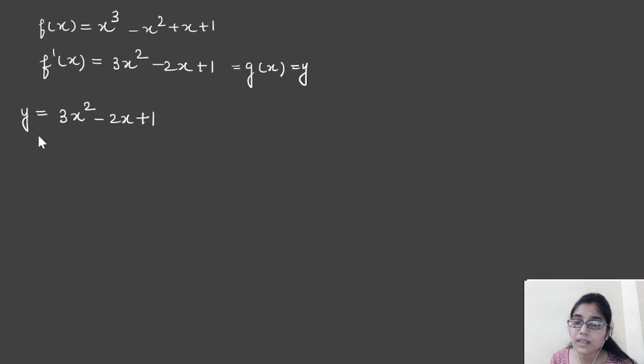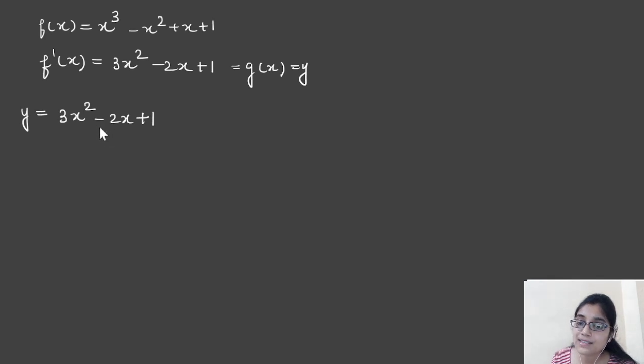Okay, there are two ways to investigate this y. The fun way is that if you consider this as a quadratic equation, you can find out its discriminant value, and from there you will get some information. Or you can consider this as a parabola.